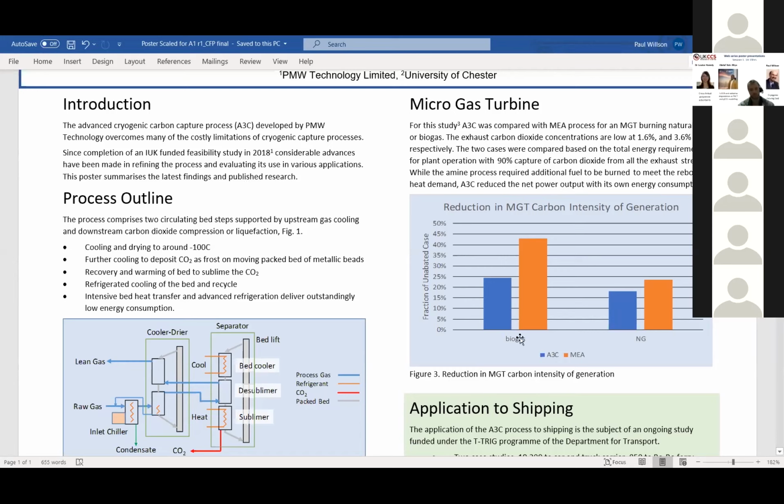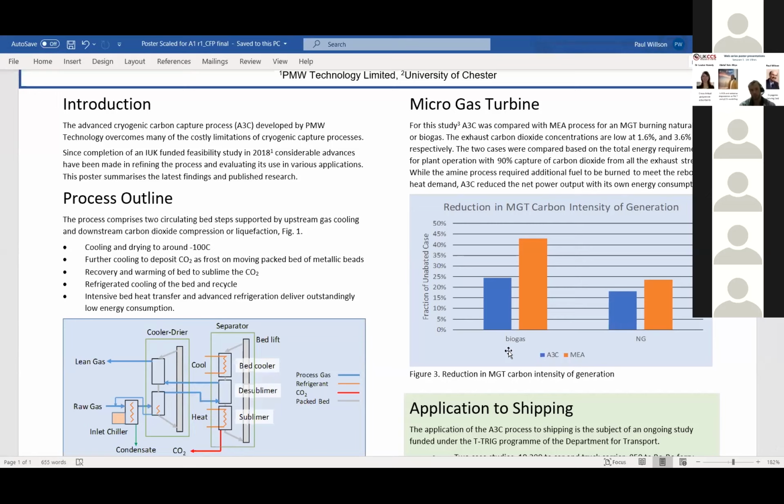We applied 90% carbon capture in each case, and we drew our thermodynamic control volume around the whole system so that the parasitic energy consumption of either the amine process or the A3C process were accounted for properly. What we found was that the A3C process, which has parasitic electrical consumption, reduced the carbon intensity of generation quite significantly.